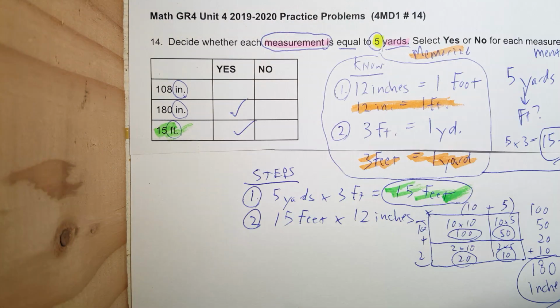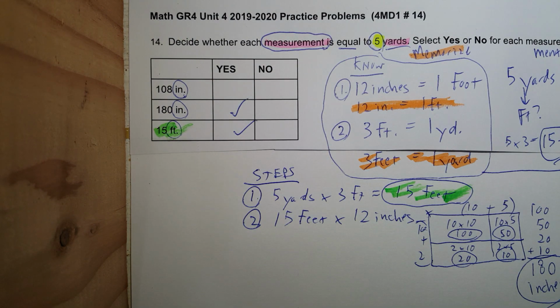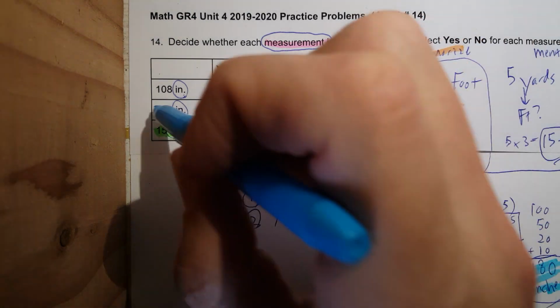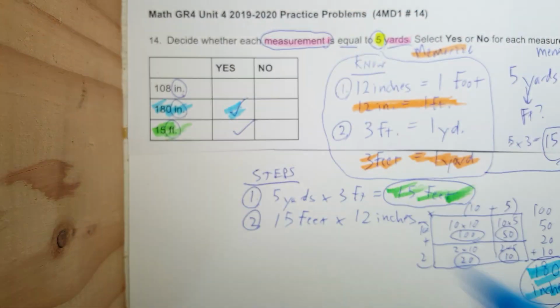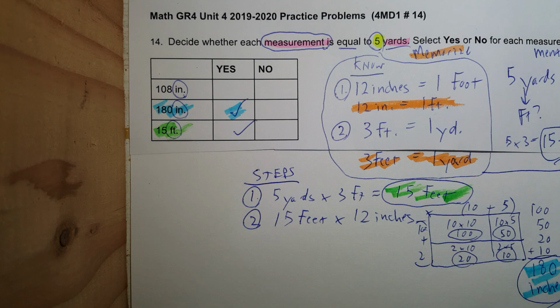And look, there is 180 inches right over there for an answer. So I will put that in blue, which means that last box, 108 inches, is no. Because we just proved that 5 yards is 15 feet, therefore 15 feet times 12 is 180 inches.